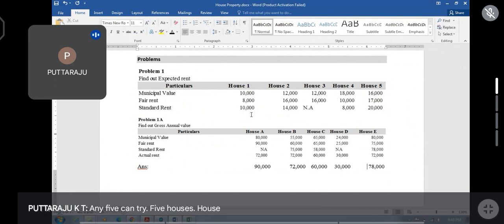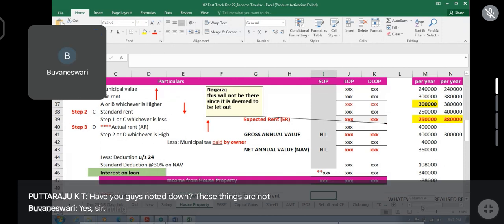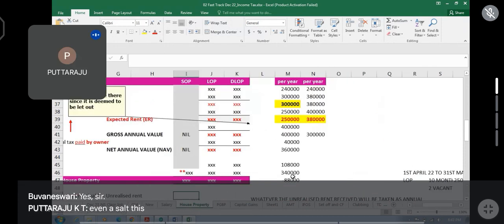House 1, 2, 3, 4, 5. Any 5 of you can try. What would be the answer? Have you guys noted down these things or not? Yes, sir. Even I solved these 2 problems, no?